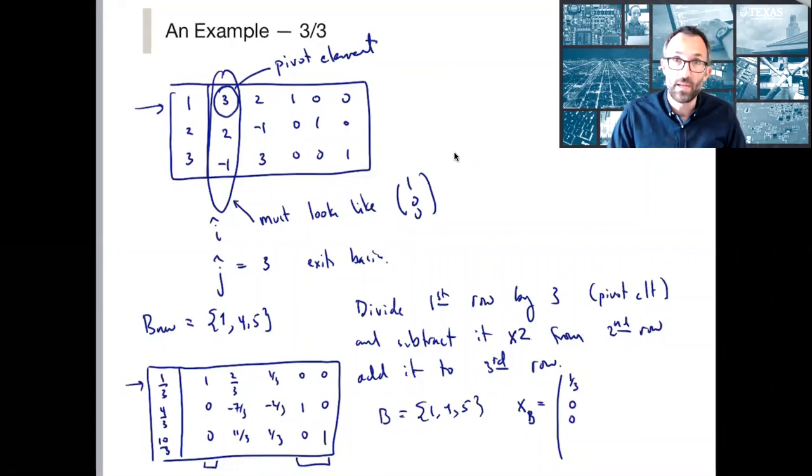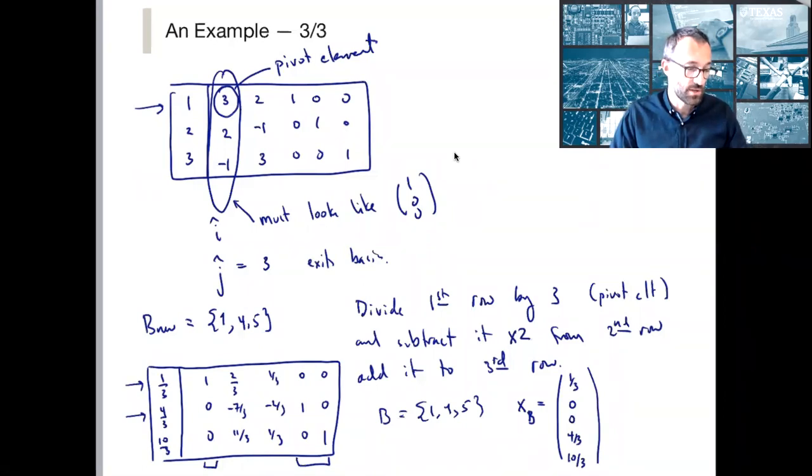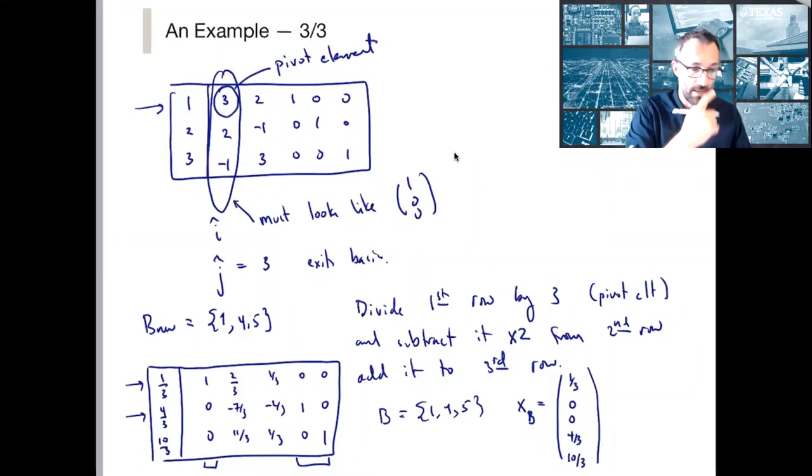The fourth element is in the basis, so I look at that first column, it's 4/3. And the last element is again in the basis, so it is 10/3. You can check all of this. And this is now how we would proceed. So this is how all of that information in the conceptual simplex algorithm is encoded into this Tableau.